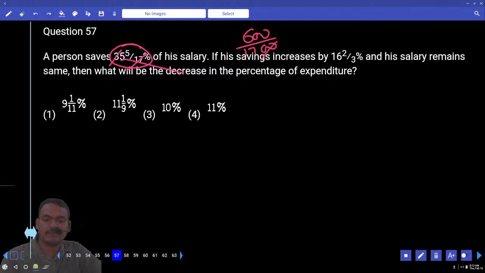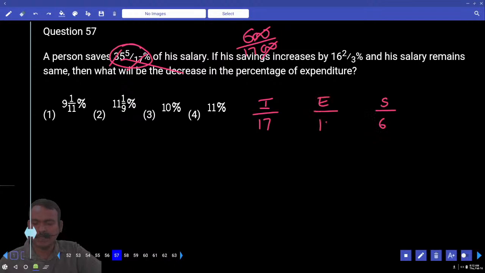What is the fraction? 6 by 17. Income is 17 parts, savings are 6 parts, expenditure is 11 parts.